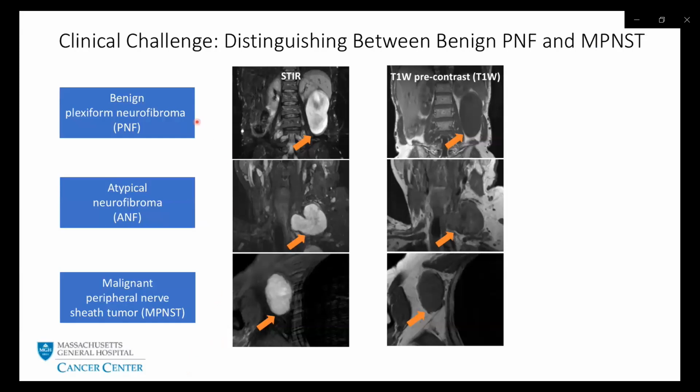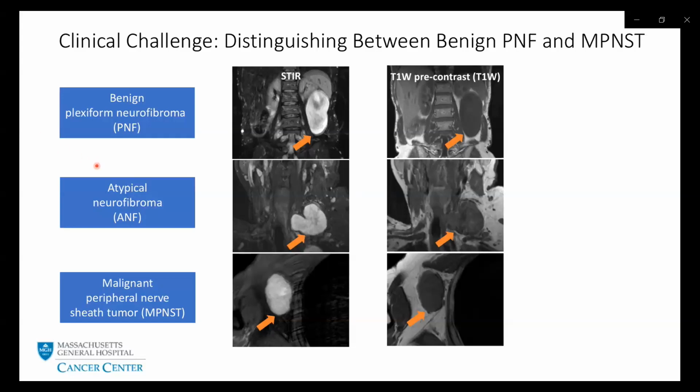They range from benign plexiform neurofibromas to atypical neurofibromas to malignant peripheral nerve sheath tumors, or MPNSTs. MPNSTs are the leading cause of premature death in people with NF1. And in fact, most MPNSTs arise from a pre-existing plexiform neurofibroma. Early identification of MPNSTs is important because it allows us to offer potentially life-saving treatments to patients.